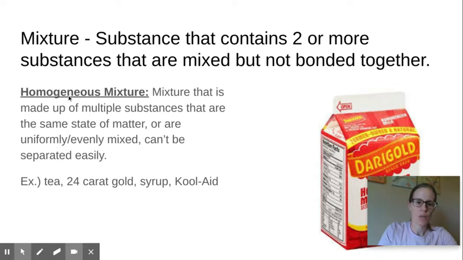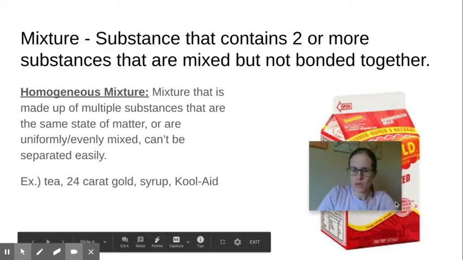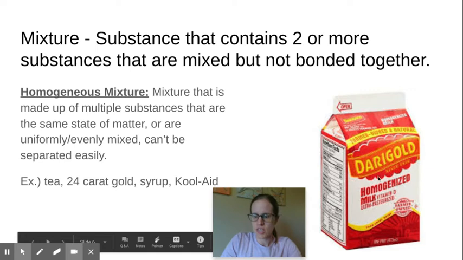There's a homogeneous or homogeneous, you could say it either way, mixture. It's a mixture where it's made up of multiple substances. They're in the same state of matter, and they're uniformly or evenly mixed. So you can't separate them. When you buy milk, you might see that it's homogenized milk.